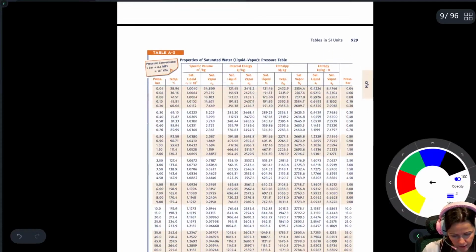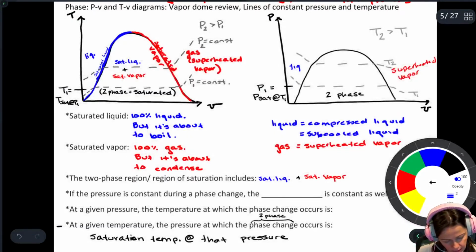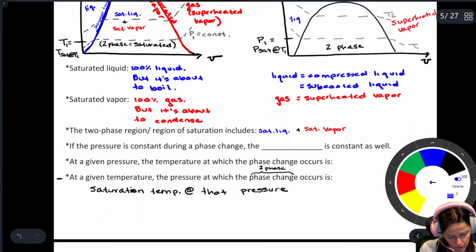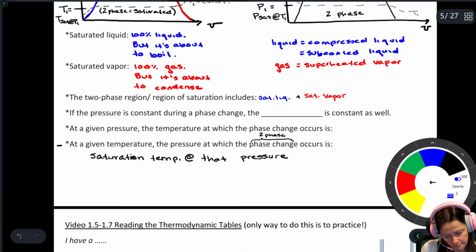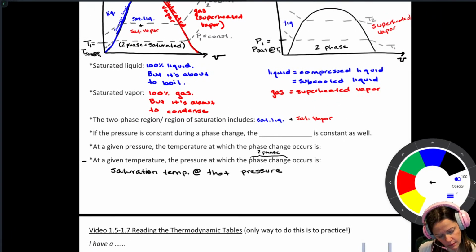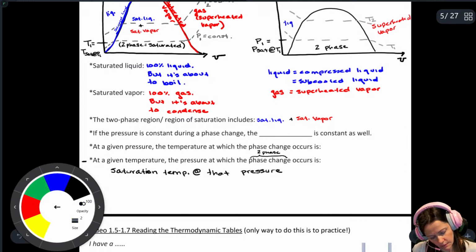All right, so let's go back over here. Actually, I skipped a couple, didn't I? At a given pressure, the temperature at which the phase change occurs is the saturation temperature. I'm sorry, these should be switched.